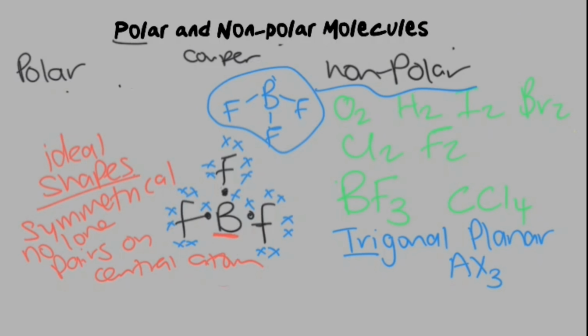And if I were to cut this atom, it would be perfectly symmetrical. So that's what it means by symmetrical. If I were to divide it up, each part would be sharing the electrons equally. So that is considered a non-polar molecule. Now you can go and find the bond polarity between the boron and the fluorine using the change in EN.